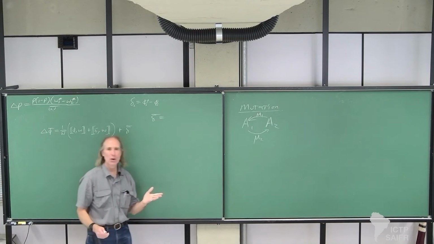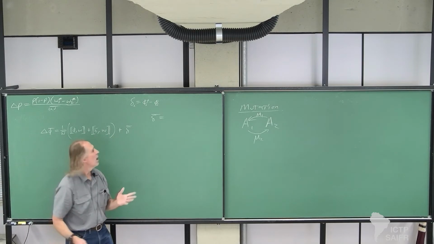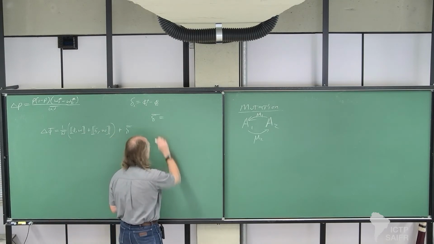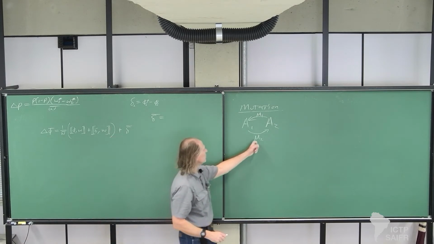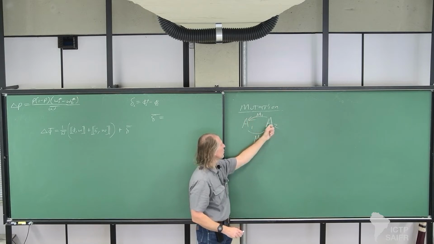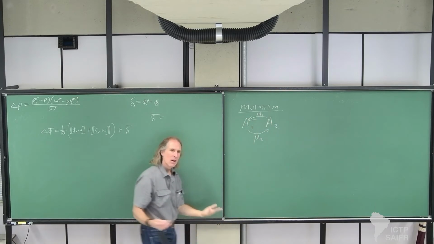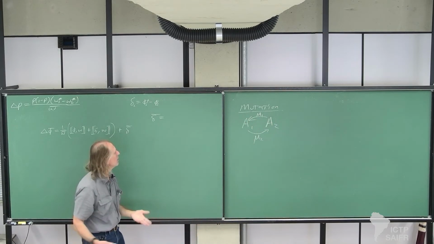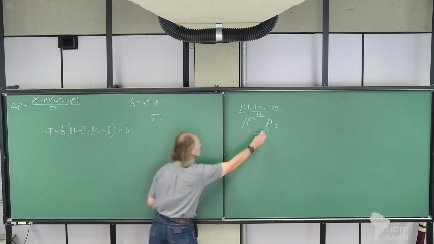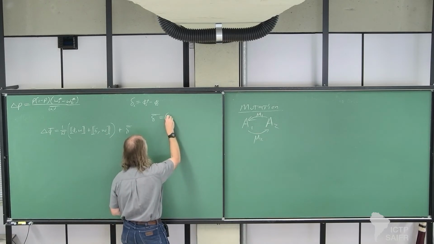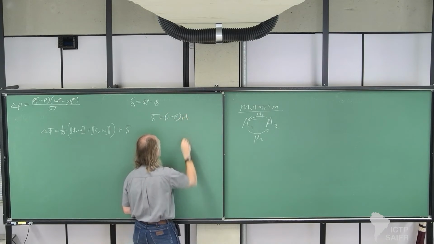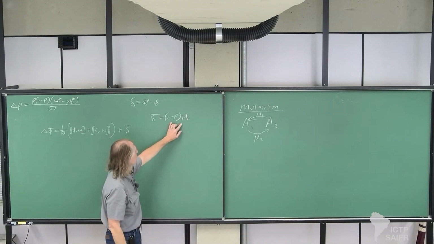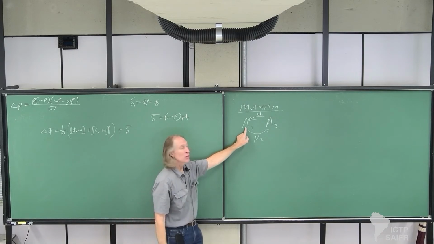Due to mutation, you're going to stop being A1 due to mutation away from it, and A1s are going to appear due to mutation to it. At what rate do they appear? Well, the frequency of A2, 1 minus P, times mu1. That's the rate at which new A1s are appearing due to mutation.